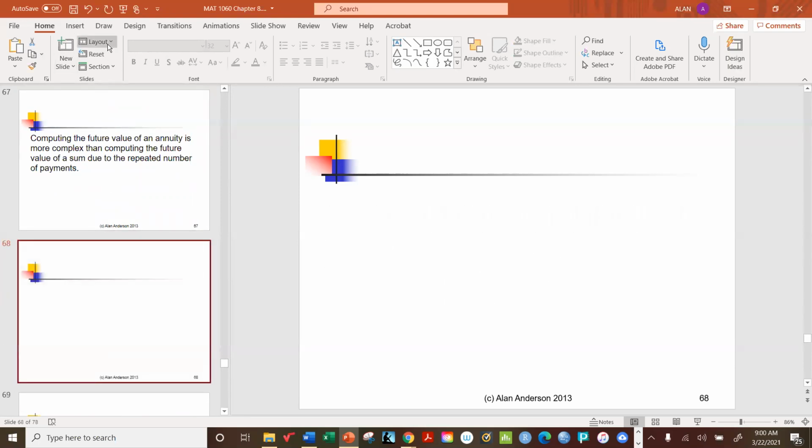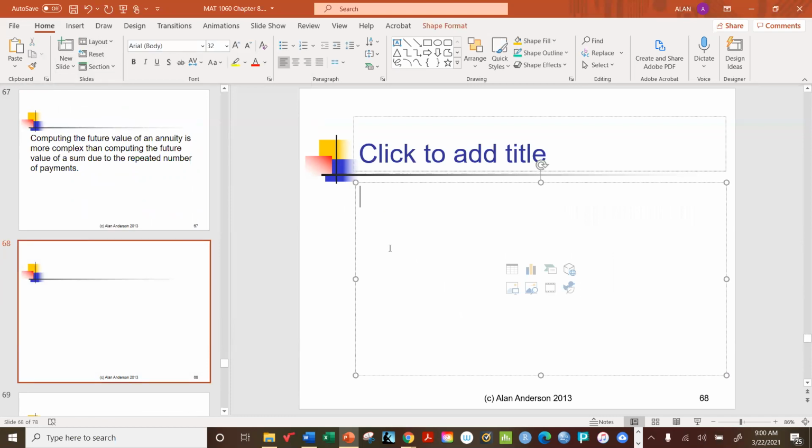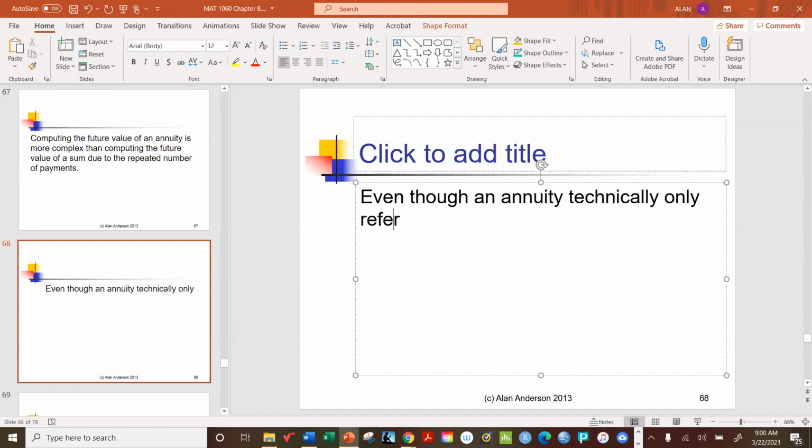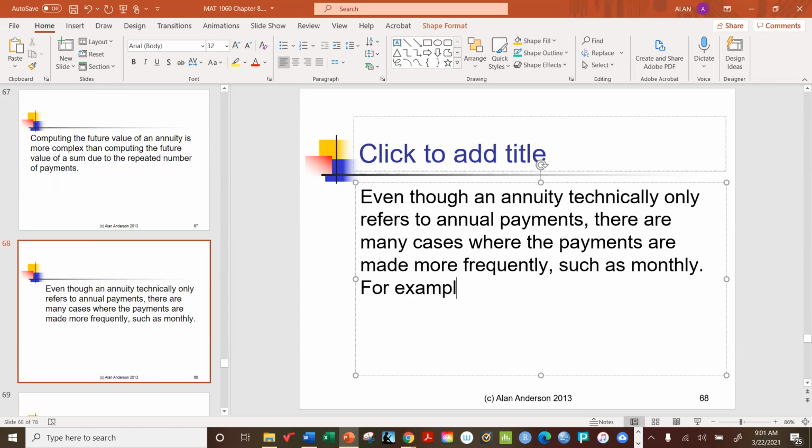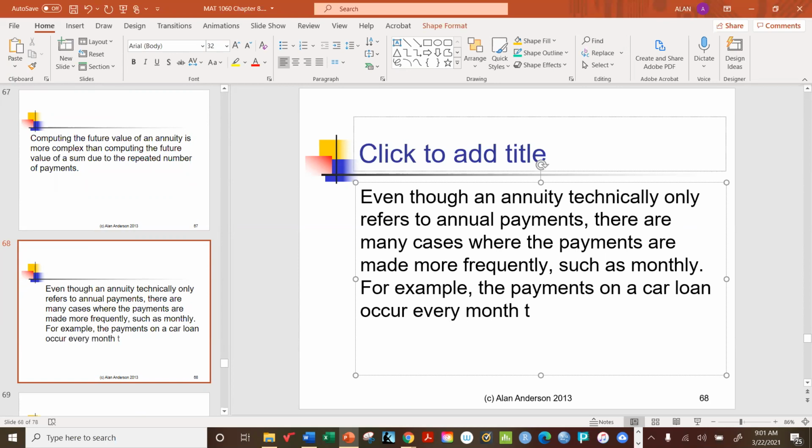It turns out that even though an annuity technically only refers to annual payments, there are many cases where the payments are made more frequently, such as monthly. For example, the payments on a car loan occur every month, and each payment is the same amount.